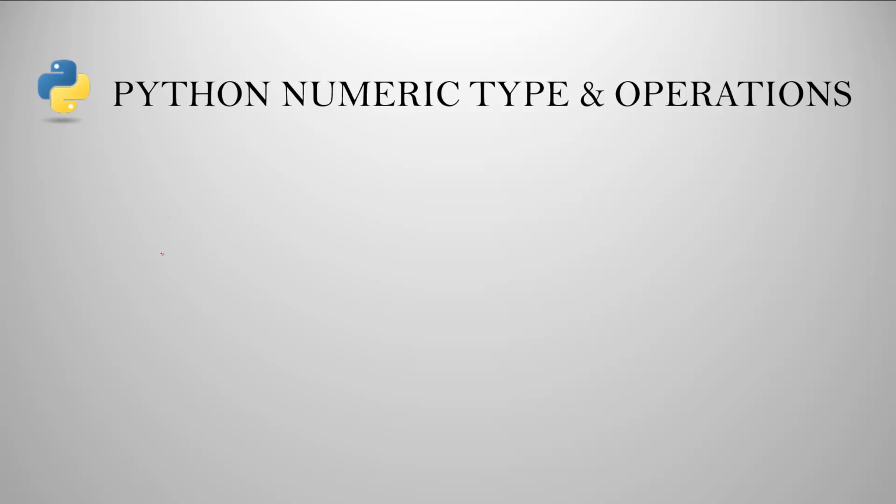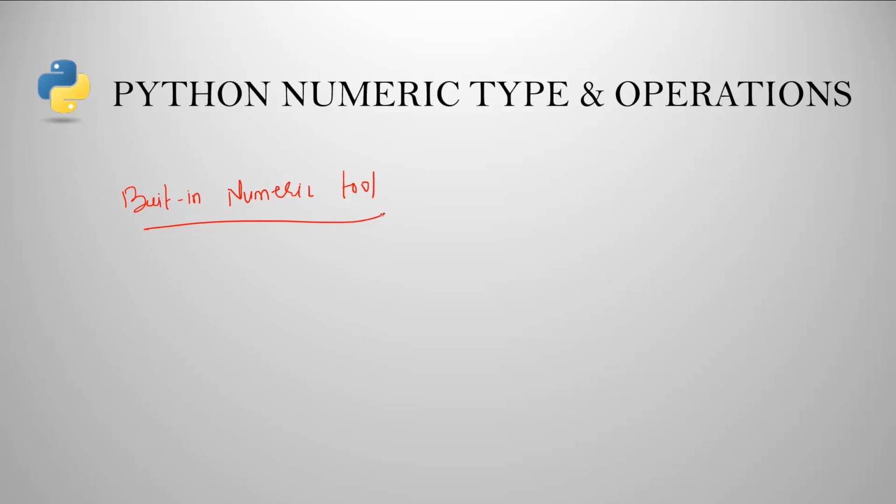So Python also provides both built-in functions and standard library modules for numeric processing. So there are some other built-in numeric tools provided by Python to process numeric type objects.